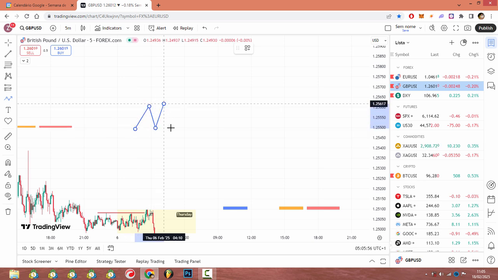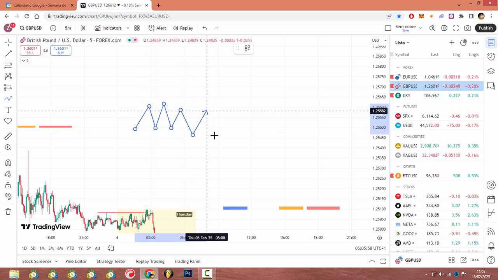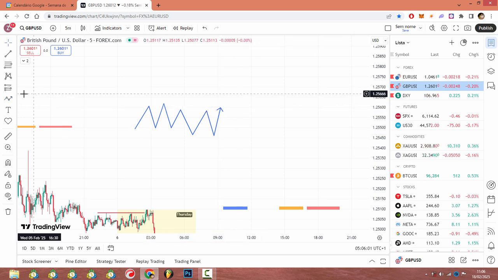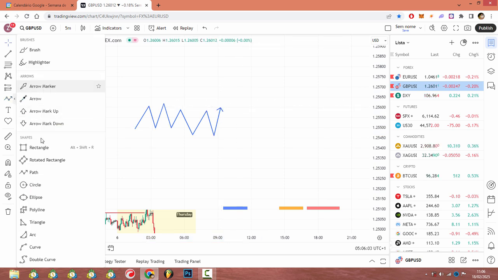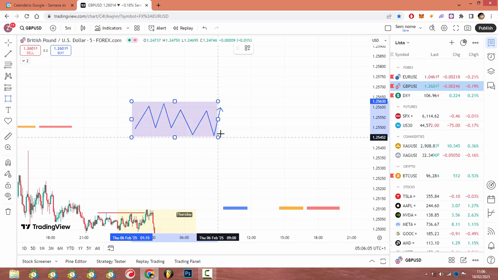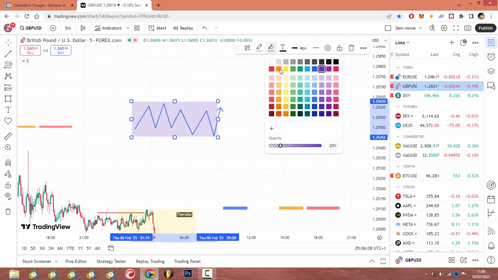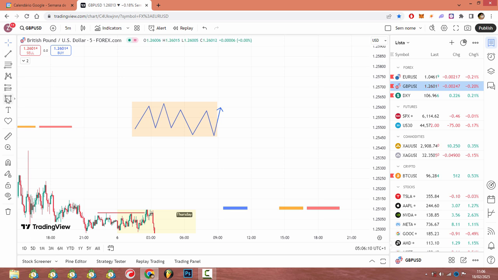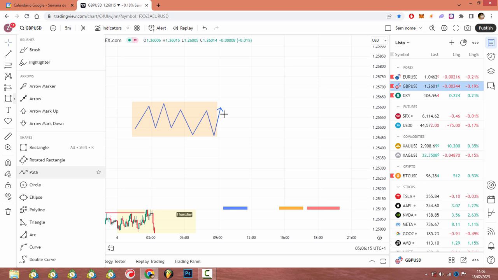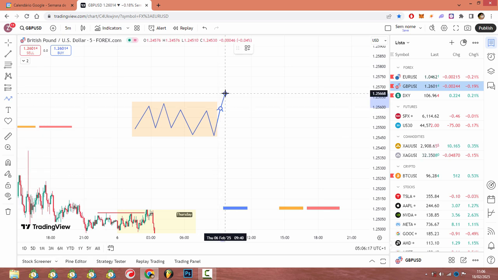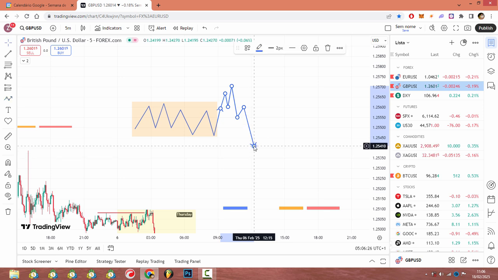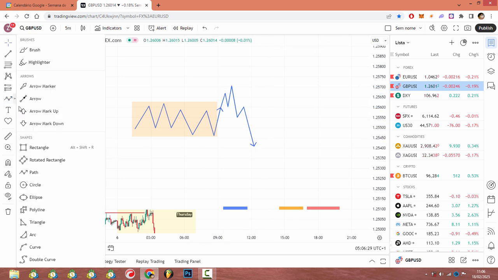So the main thing in here is that imagine you have your Asia session right here, okay? Let's put it orange, for example. And what you want to do is wait for price to take out the highs. Let's say it gives you this, takes out the highs, and then gives you a movement to take out the lows.